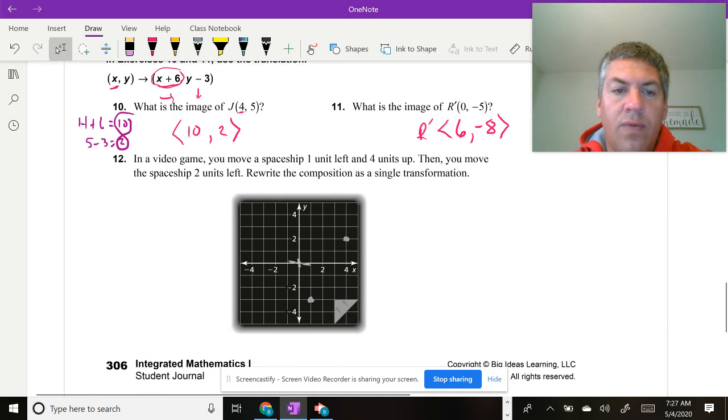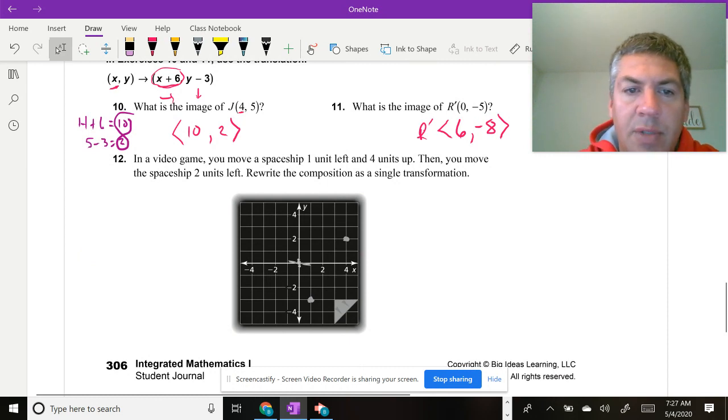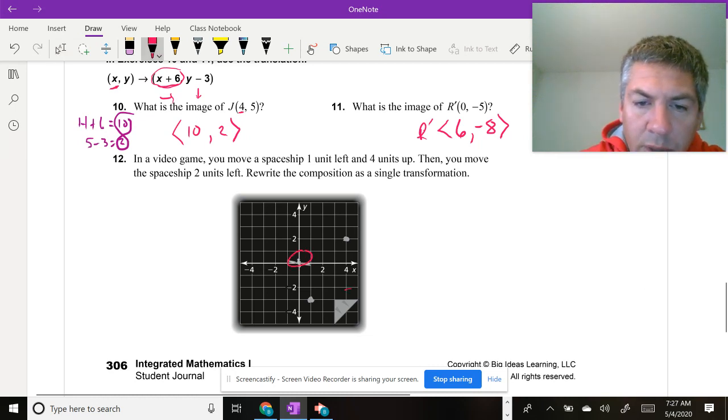Doing number 12, it talks about a video game spaceship, 1 unit left, 4 units up. Then you move the spaceships 2 units left. I'm not even sure where this is. So where is this spaceship? Is this the spaceship or is that the spaceship? I'm not sure. So basically let's say this was the spaceship.